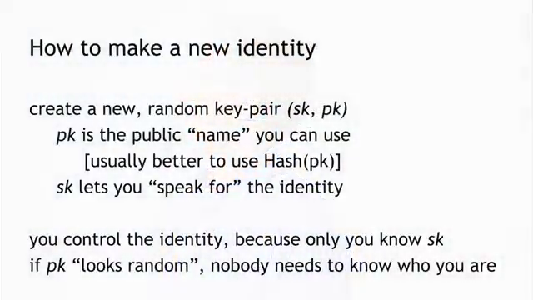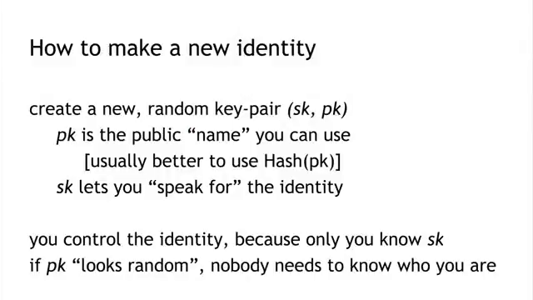And that means that there is an identity in the system which only you can speak for, and of course that's what you want an identity to be, something that one person can speak for or on behalf of that everybody can see.